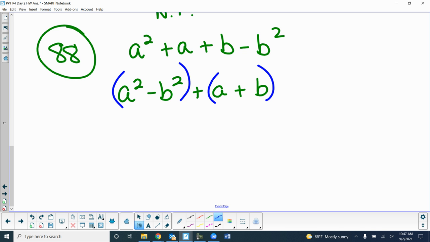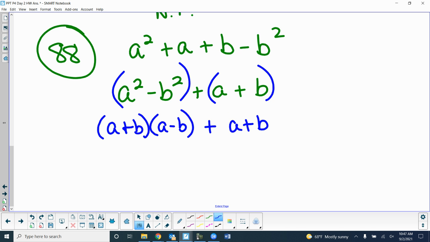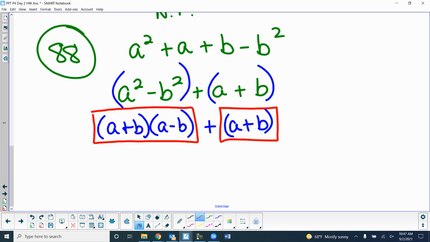Can I do that first group? What is that first group? A difference of squares, right? A plus B, A minus B. Think of this as one term and another term. Is there a GCF?